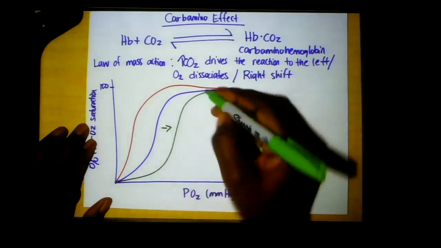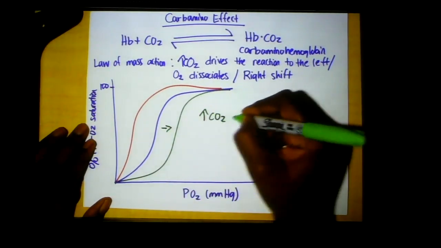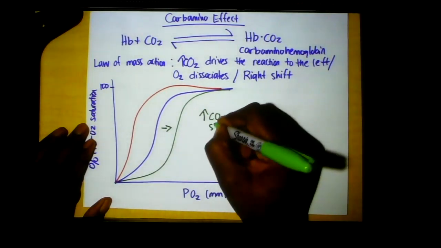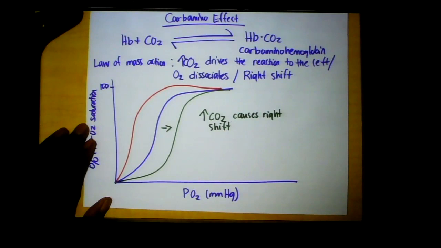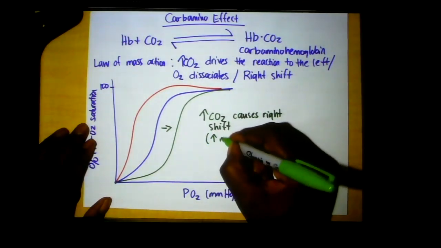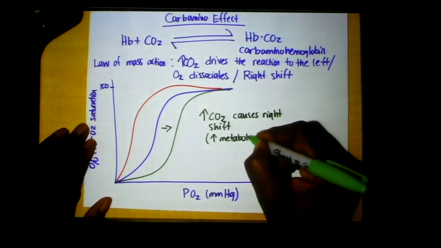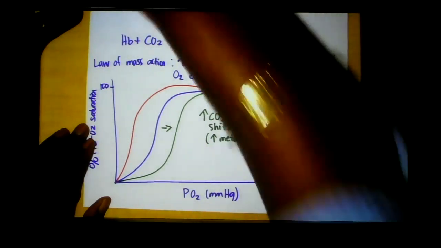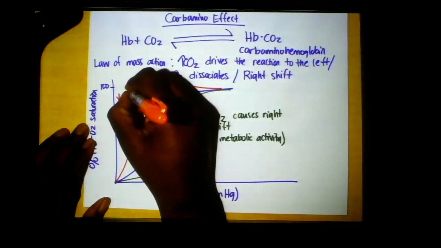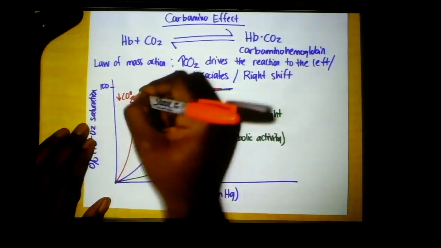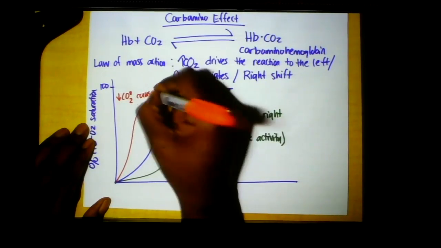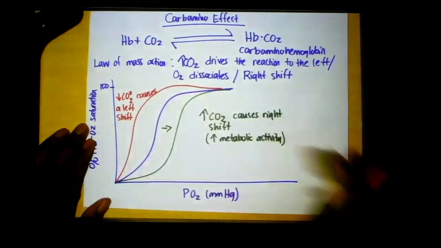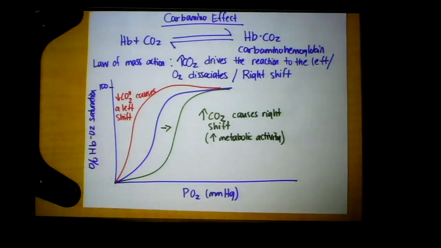So shifting to the right is caused by an increase in CO2. And we know that increase in CO2 aligns with increased metabolic activity. Okay, and then decrease in CO2 causes a left shift. Okay.